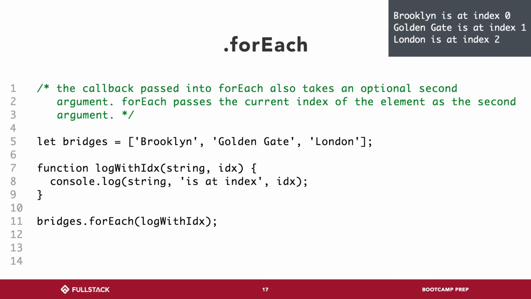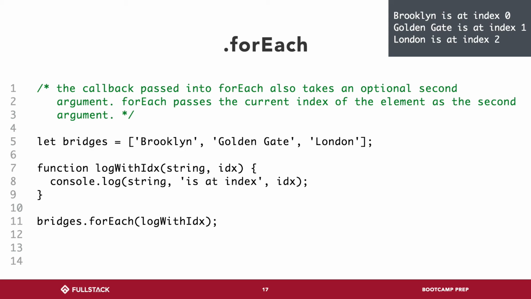This is just an extra thing, but implicitly, under the hood, it passes the index as the second argument, if you ever cared for that. Wait, can you explain that?